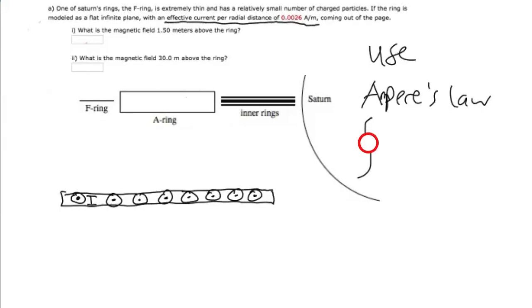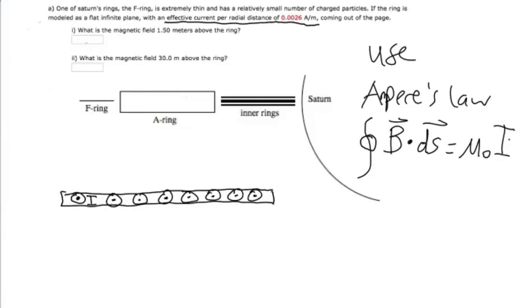That circle in Gauss's law means a closed surface, but in Ampere's law, it refers to a closed loop integral of B dot ds (I usually use ds, but you can use dl as well) equal to mu naught times I. And this is the current puncturing that Amperian loop.